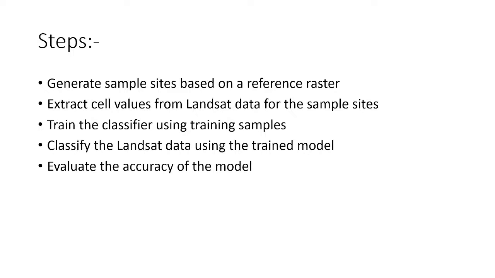And for validation samples, do we need to create the same count of samples as for training samples? You can also use the same. There is no difference about that. If you want to use the same or even take a larger number than the training points, it is also no problem. So just try to take training points or sample points more than 50 for a small region and more than 100 for a big region.